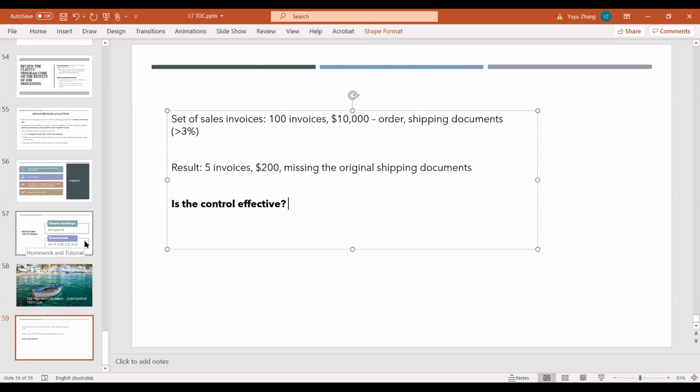When we evaluate the test of control results, are we basing it on the number of items or the dollar value? That's the question. If you are using the dollar value, it's still within the 3%. If you are using the 5 items, it's exceeding 3%. Which one should you use?